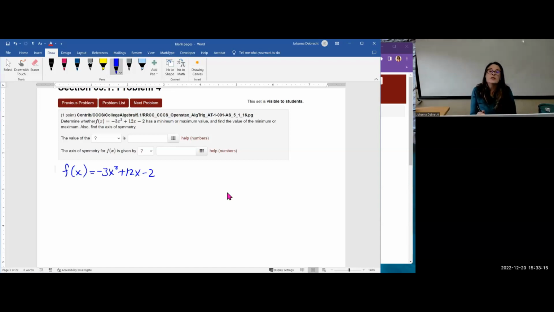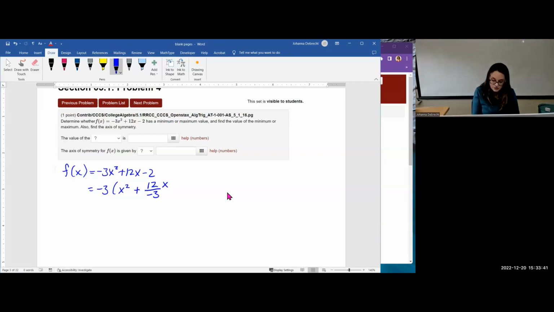So the first thing we want to do is factor out the negative 3. Now when we factor the negative 3 off the negative 3x squared, that's going to leave behind x squared, but taking the negative 3 out of 12 can be a little tricky. So what we'll do instead is simply apply the division rule, and we're going to do the 12x divided by negative 3.